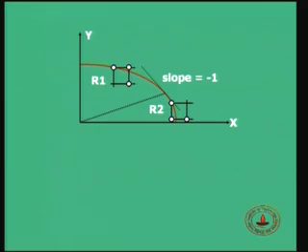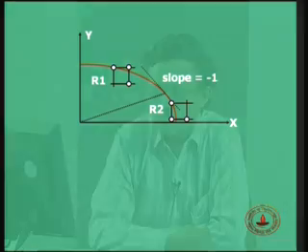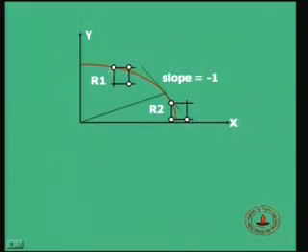If you look at region R1, at any stage of iteration, if this is the current point marked here by the cursor, then the choice of the next pixel will be between east and southeast, because the slope of the curve is in magnitude less than 1.